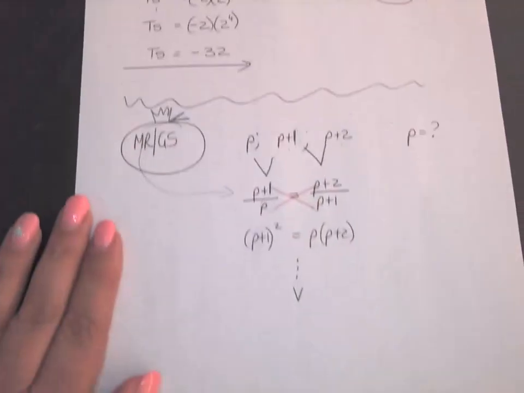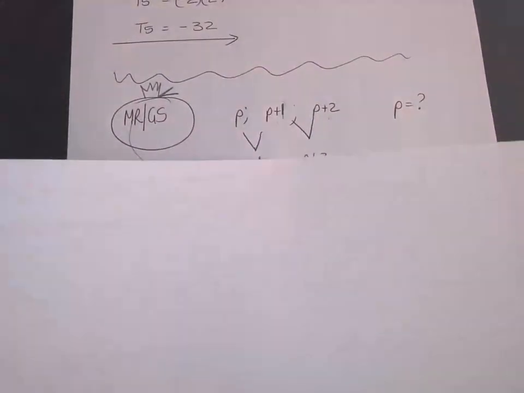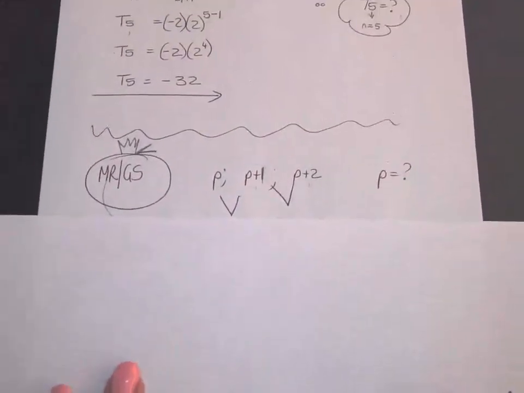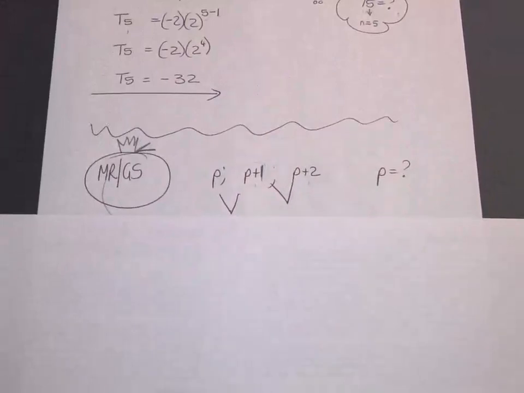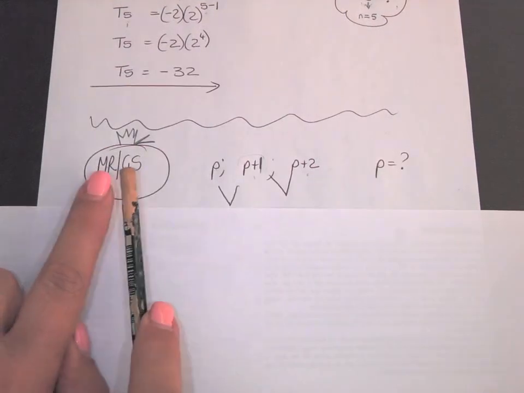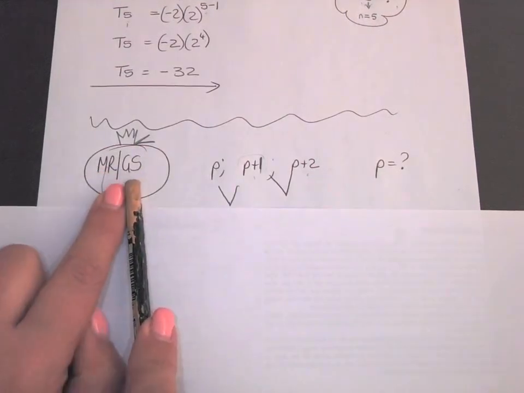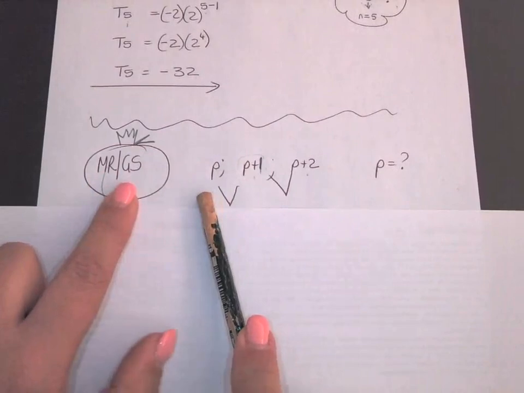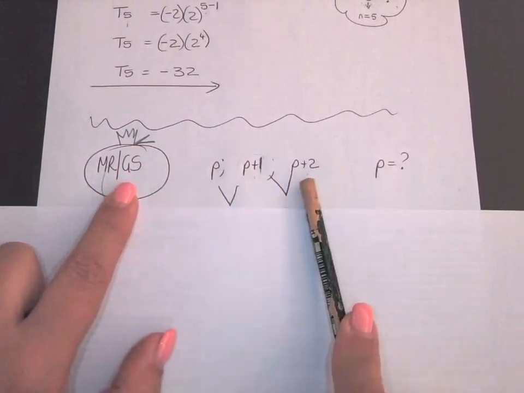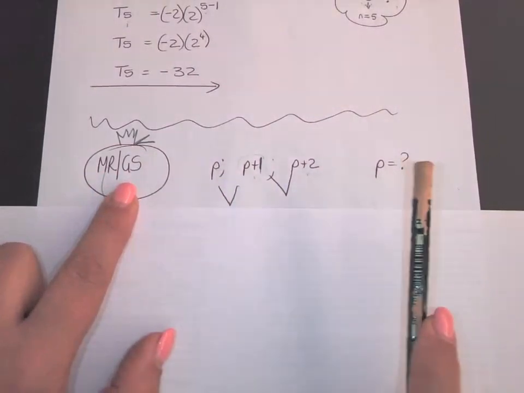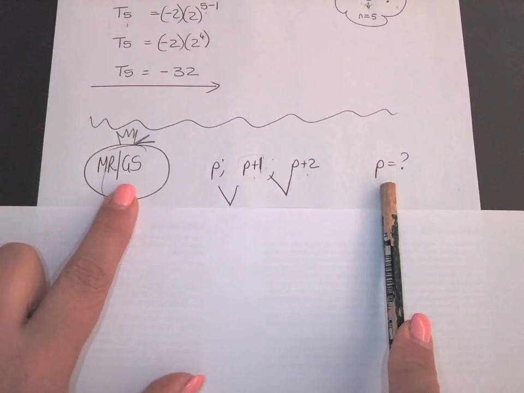Now, what will happen if I give you an unknown sequence with variables? This is not on your notes. I tell you it's a geometrical sequence. The first term is p, the next one p plus 1, the next one p plus 2. And I ask you, what is the value of p?